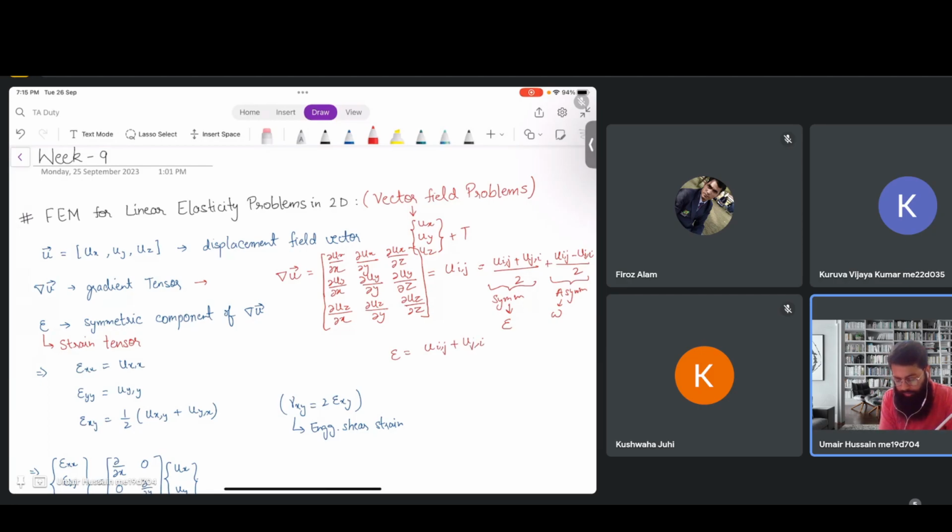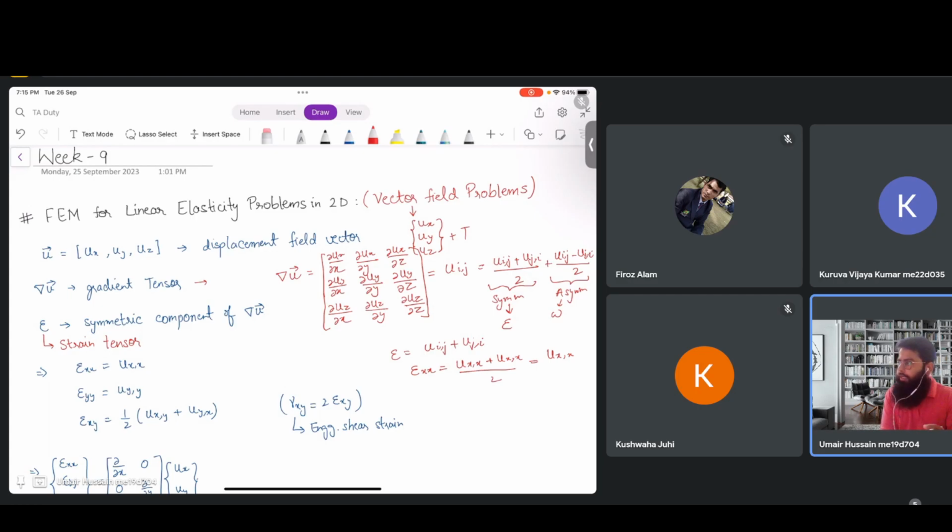If we want to take its components, the diagonal element, suppose any diagonal component, would just be u_i,i. So epsilon_xx becomes u_x,x, epsilon_yy becomes u_y,y, and similarly epsilon_zz becomes u_z,z.